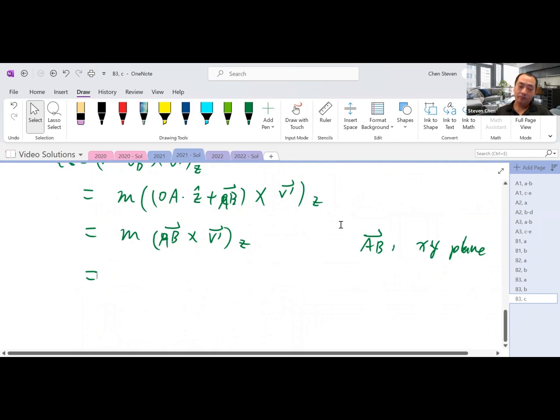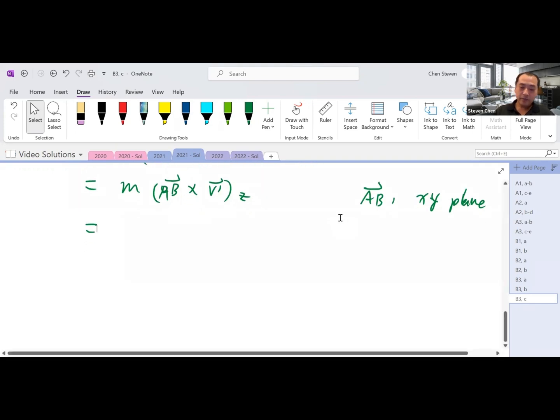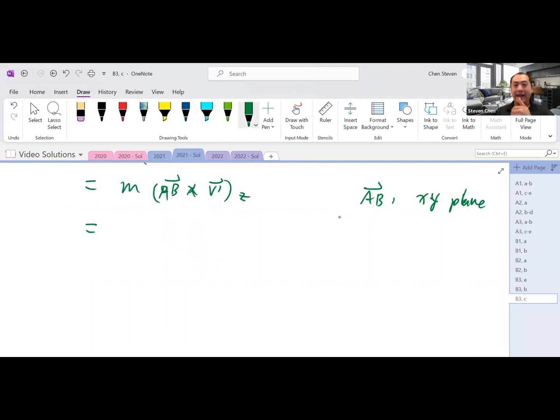And in addition to that, since it is on the xy plane, to get alpha max, the threshold alpha, we want this cross product to be maximized, right? So it's maximized when AB and B prime are perpendicular to each other. And what about AB? When it hits the cylinder, it is pretty close to the North Pole.